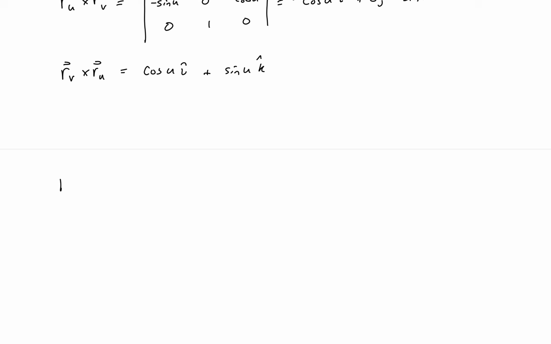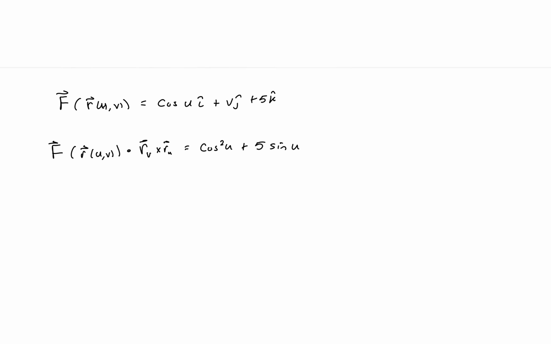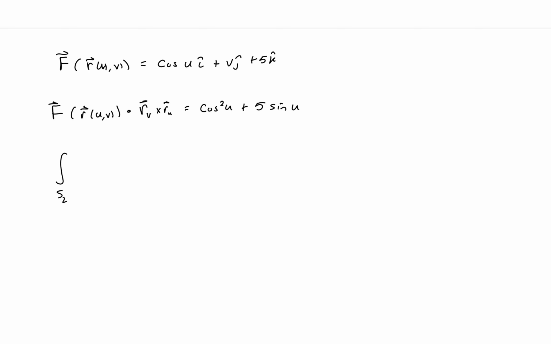And now we evaluate our vector field on this parameterization. This is going to be cosine u i plus v j plus 5k. So if I take the dot product, this is going to give me cosine squared u plus 5 sine u. There's no j component in the r_v cross r_u, so that just goes away. So once again, I'm left with an integral with some trig functions in it.